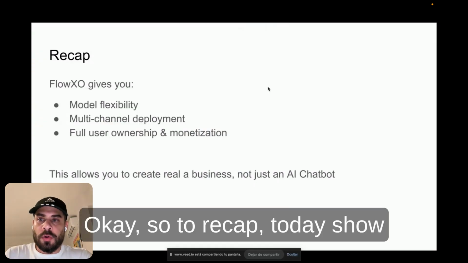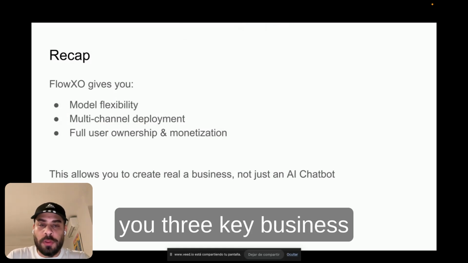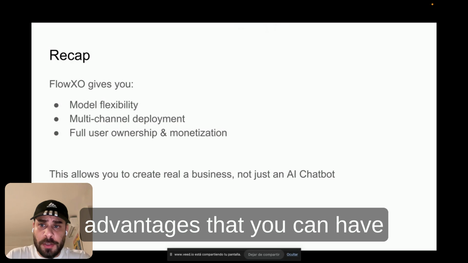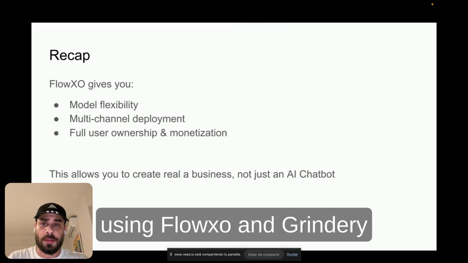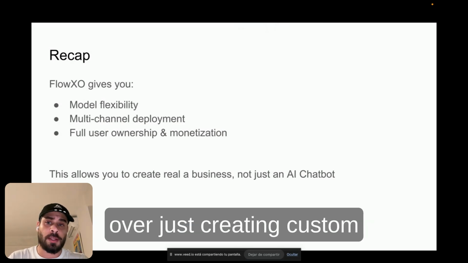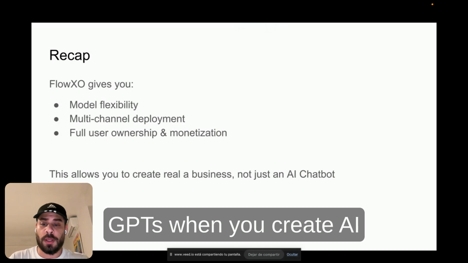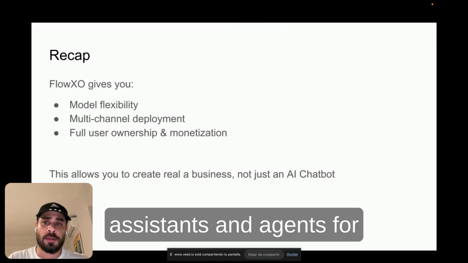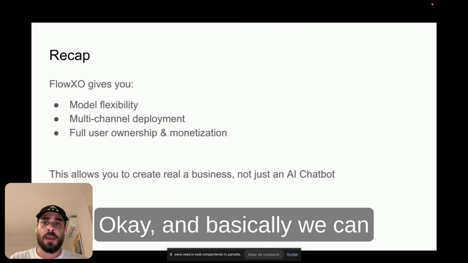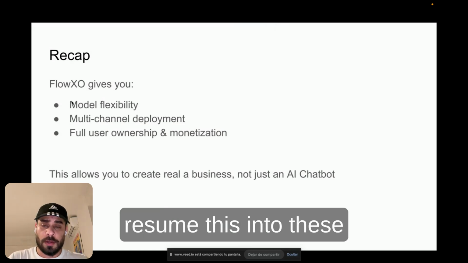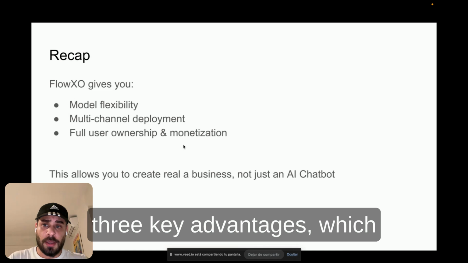Okay, so to recap, today I showed you three key business advantages that you can have using FlowXO and Grindery over just creating custom GPTs when you create AI assistants and agents for your business. Basically we can sum this up into three key advantages.